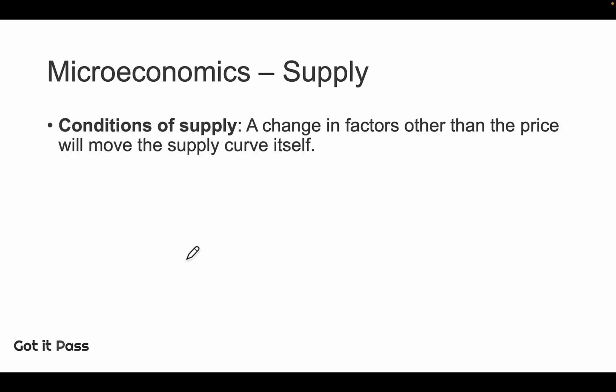And next, we talk about conditions of supply. If the price is the same, or we keep the price constant, we need to see what other factors affect the supply curve to move. So given the price does not change, the firm may produce more because other factors changed.